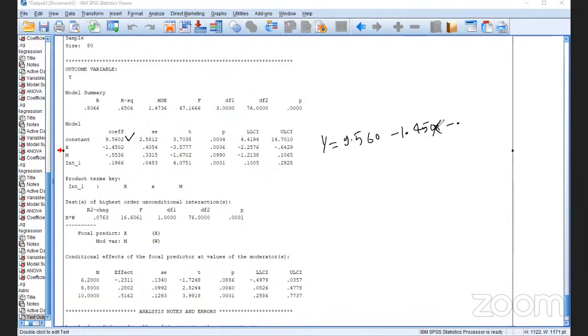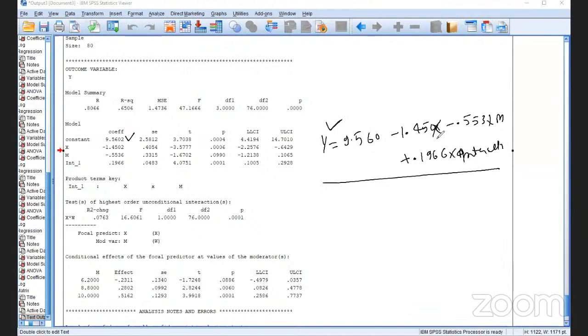We should write our model this way and report it like this: minus 0.5536 into m. M is the moderator, plus 0.1966 into interaction. So I am writing interaction here. So this is my final model. We should report this model in our research paper or thesis.